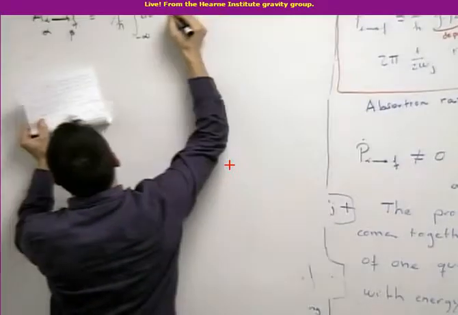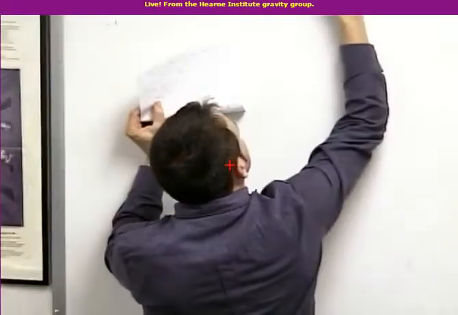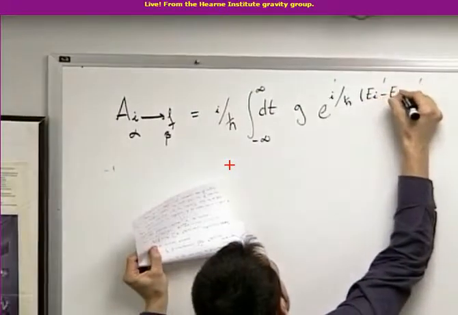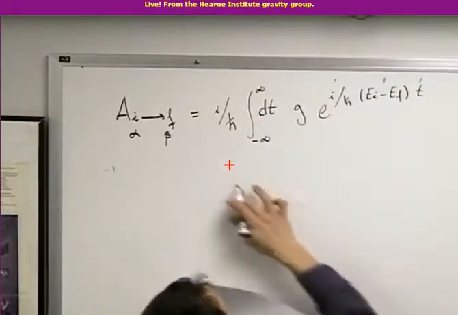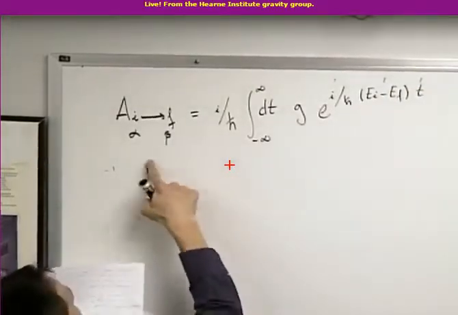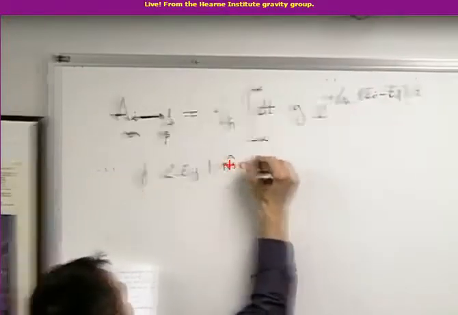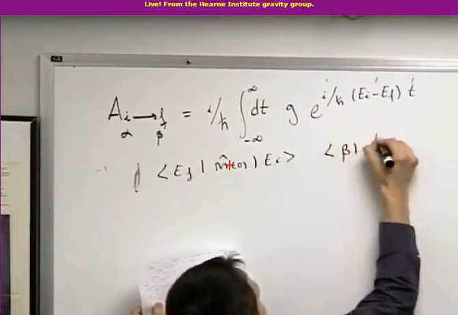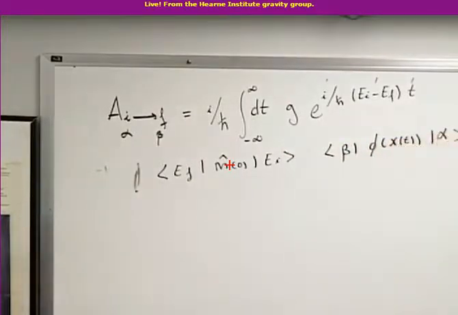This is the probability amplitude, the integral dt of e to the i over h bar (E_I minus E_F) t, and E_F and not E_I, beta, alpha. So this is what we wrote before.